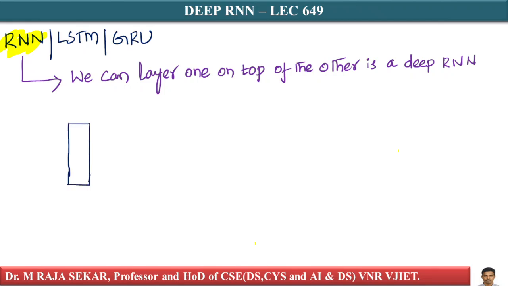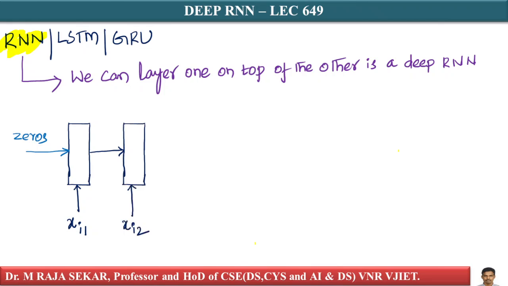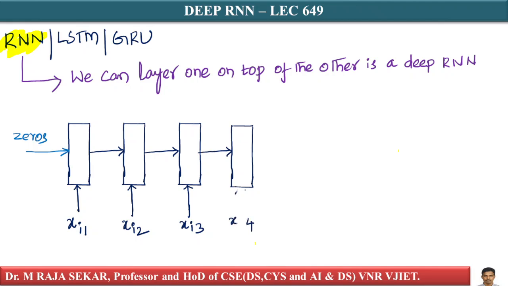I draw a simple diagram so that you will get a good idea about it. You have first layer, and you have just zeros or random values here. You have your xi1, it generates some output, and it goes to xi2, again it goes to xi3, you have xi4, and even let me assume you have xi5.